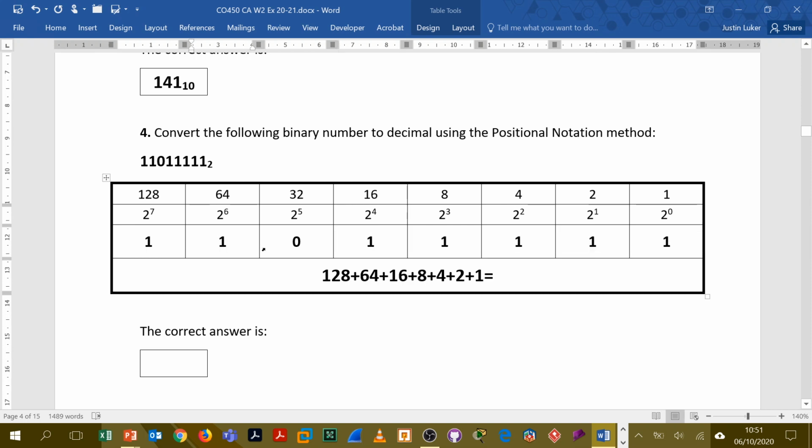Then we have 64 and 128. 128 plus 64 is going to give us 192, plus our 31 will give us 223.